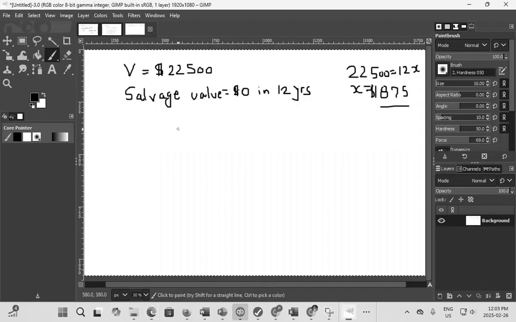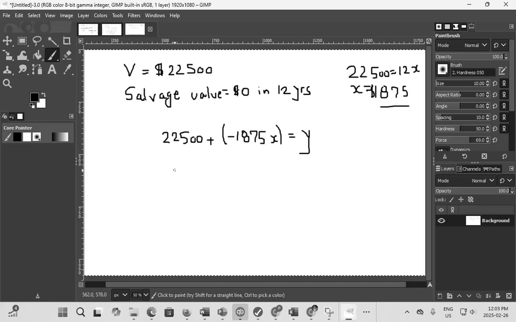So we know that 22,500 is the value that we start off with, plus negative 1875x equals y. So basically you're removing the depreciated value out of your total value.